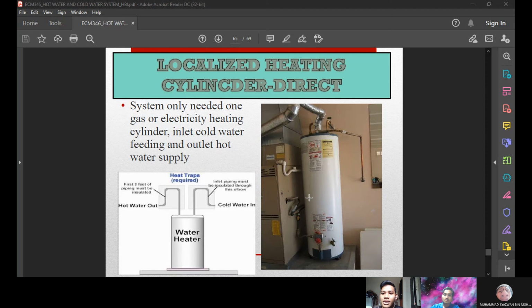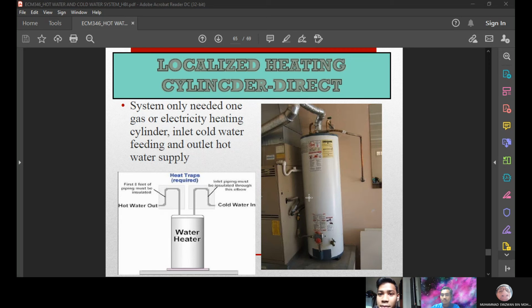This is an example of the localized heating cylinder. There are two channels, hot water out and cold water in.